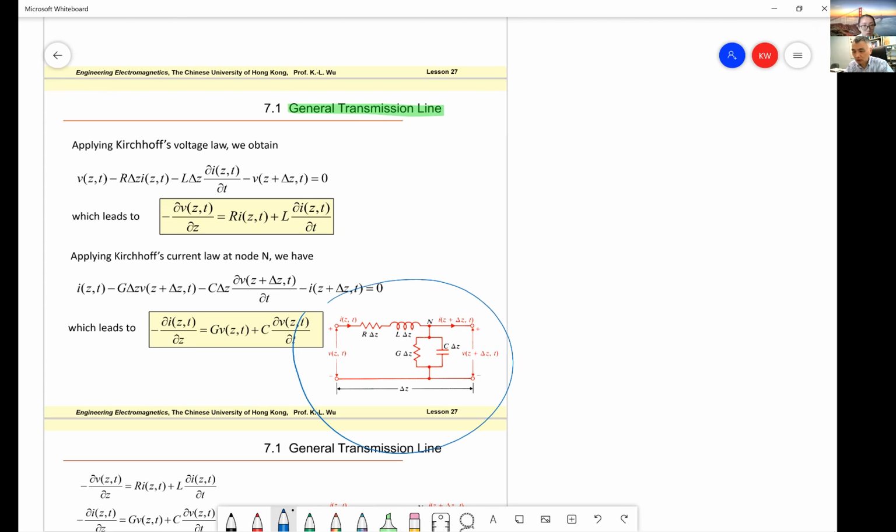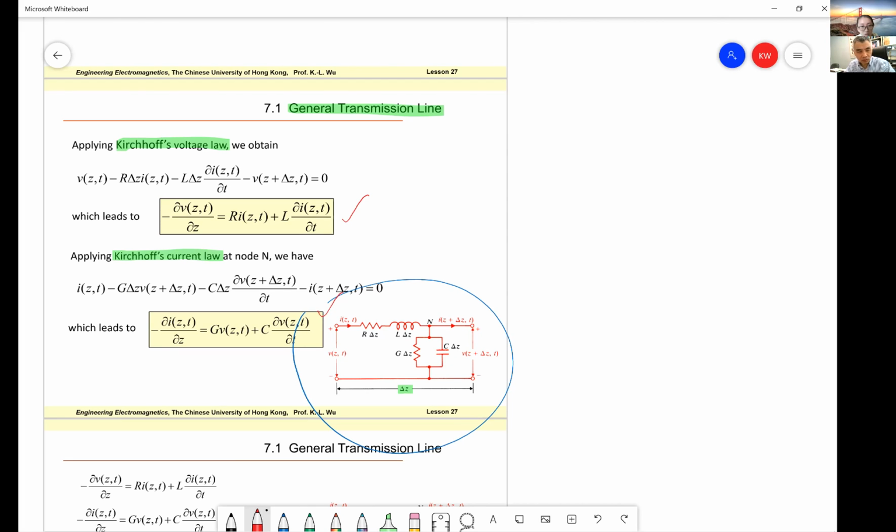This circuit model describes a very short section, delta Z. For such a short transmission line, what are the basic electrical properties? Then we apply KVL and KCL, and we can generate two first-order differential equations, this and this.